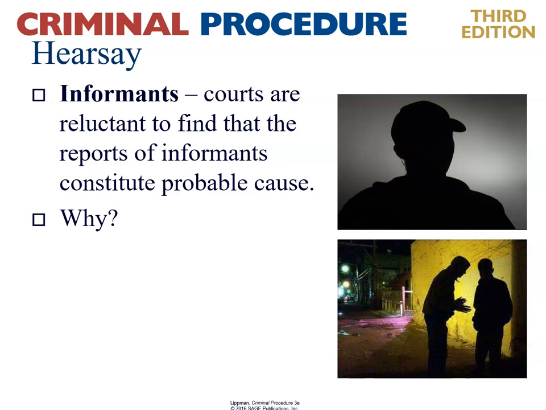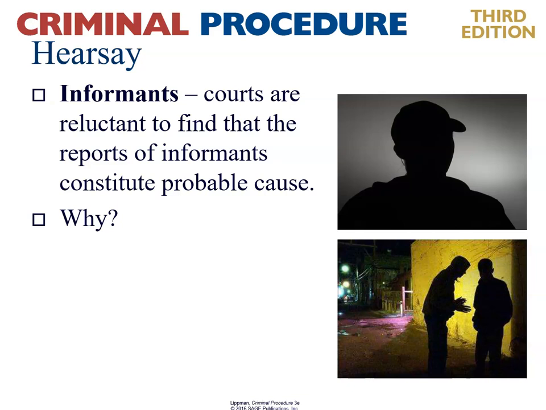Now, the U.S. Supreme Court accordingly has adopted some special requirements that we'll talk about in a few minutes for evaluating whether an informant's report constitutes probable cause. And it's the Jones versus United States case back in 1959.